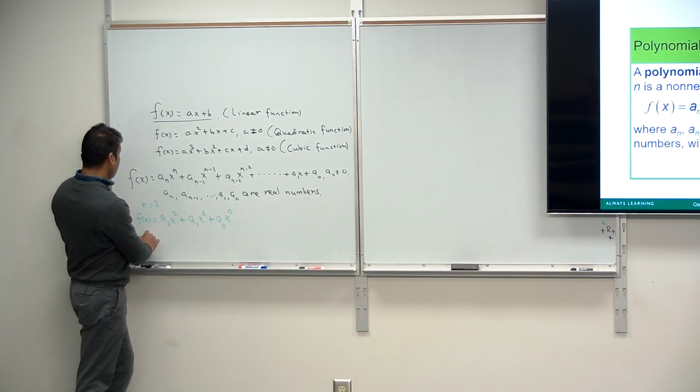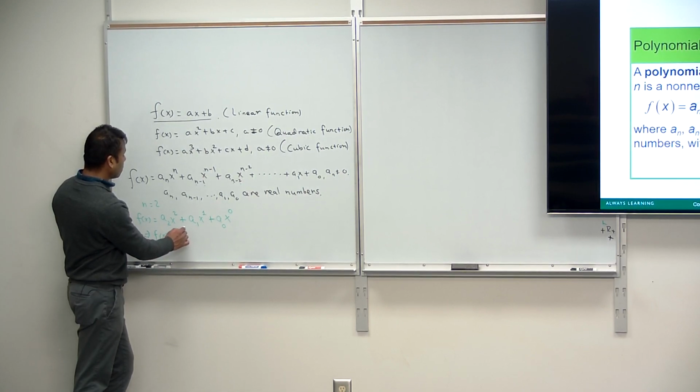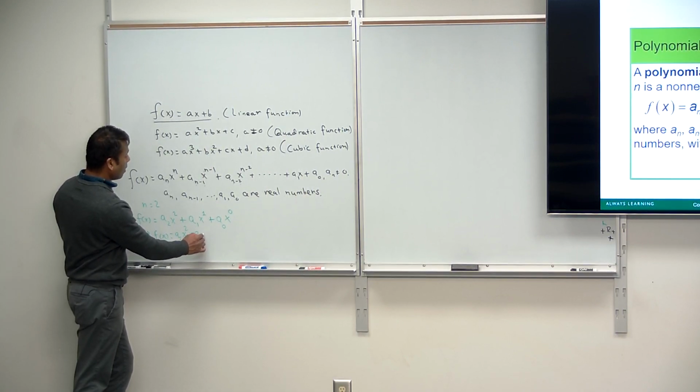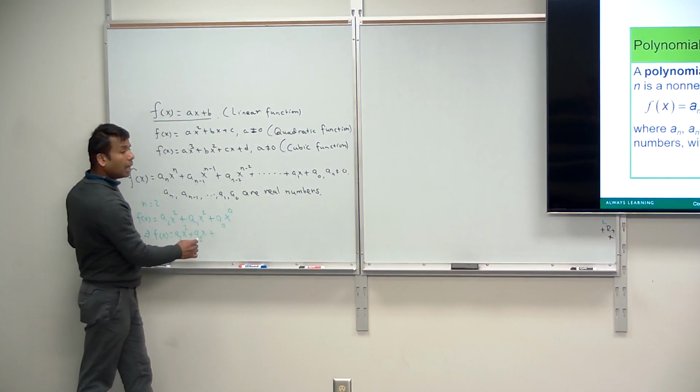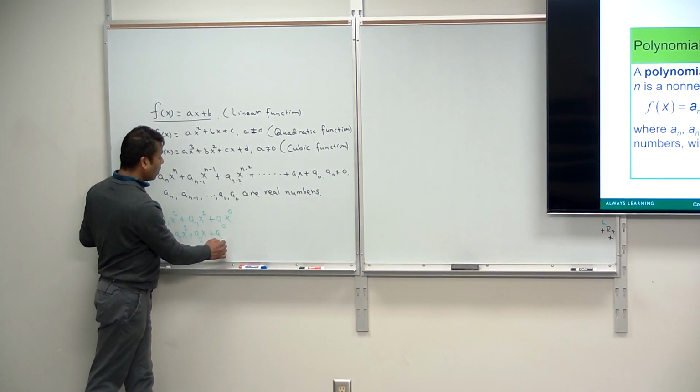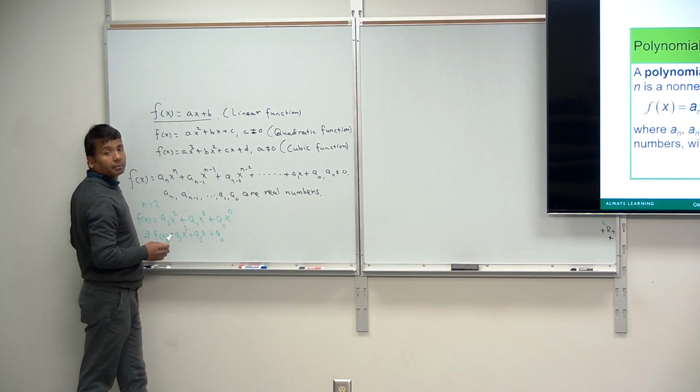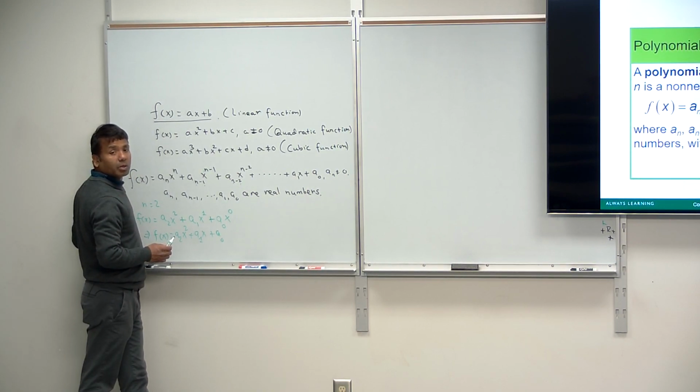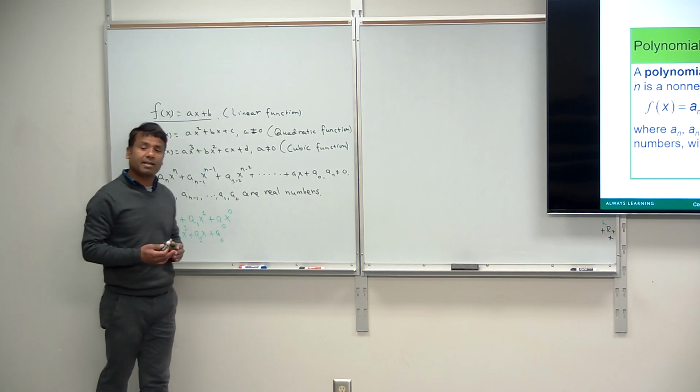Now, what do you have? This is f(x) equal to a2x squared plus a1x plus a0. What is the value of x to the power 0? It's 1.